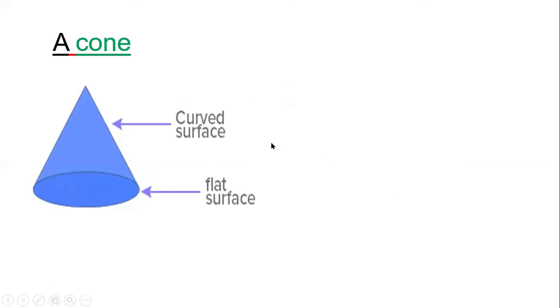Okay, now we look at a cone. So a cone has got one flat surface. You can also call it one flat face. And then one curved surface.